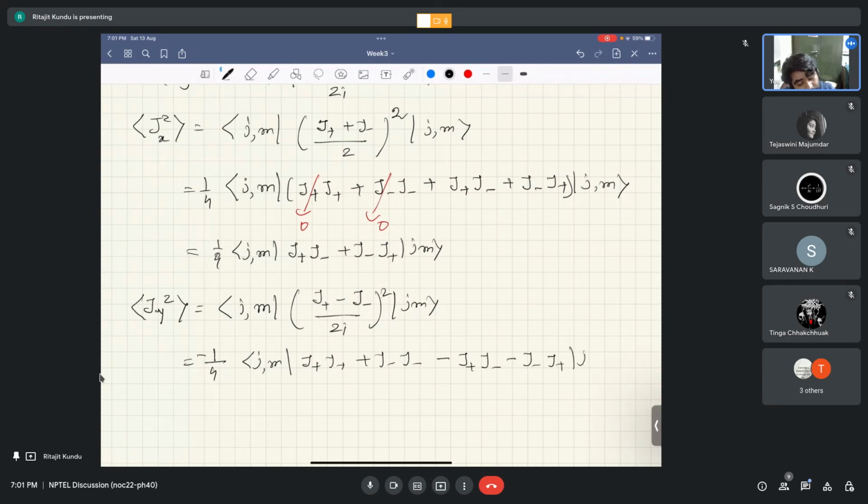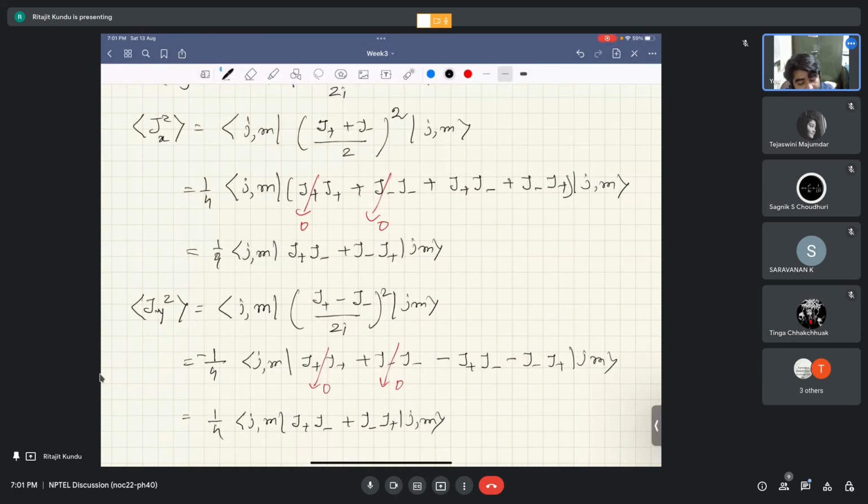Like we argued last time, here also this will go to 0 and this will also go to 0. So we are left with, there is a minus inside, so I'll take the minus common and the minus outside will cancel with that. So <j,m| (j plus j minus plus j minus j plus) |j,m>.